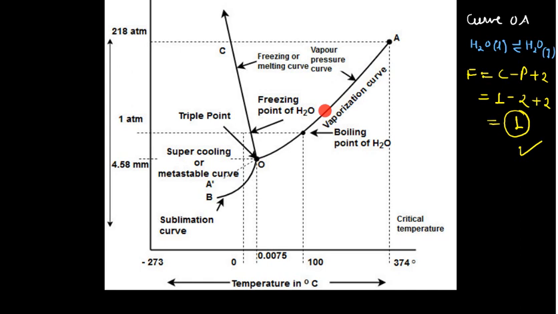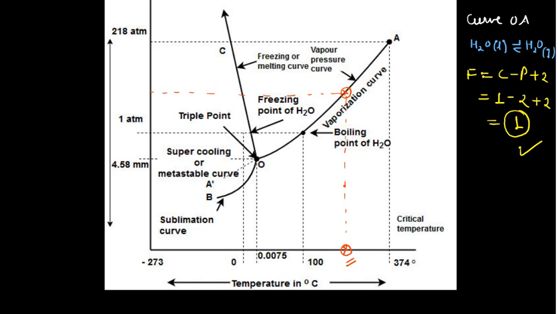The simple meaning is that if you specify the temperature, let us say I have specified this particular temperature, and if I extend this line over and it meets at this particular point, it will have only one vapor pressure value, or pressure value. So, you do not need to specify two parameters or two variables like temperature and pressure.